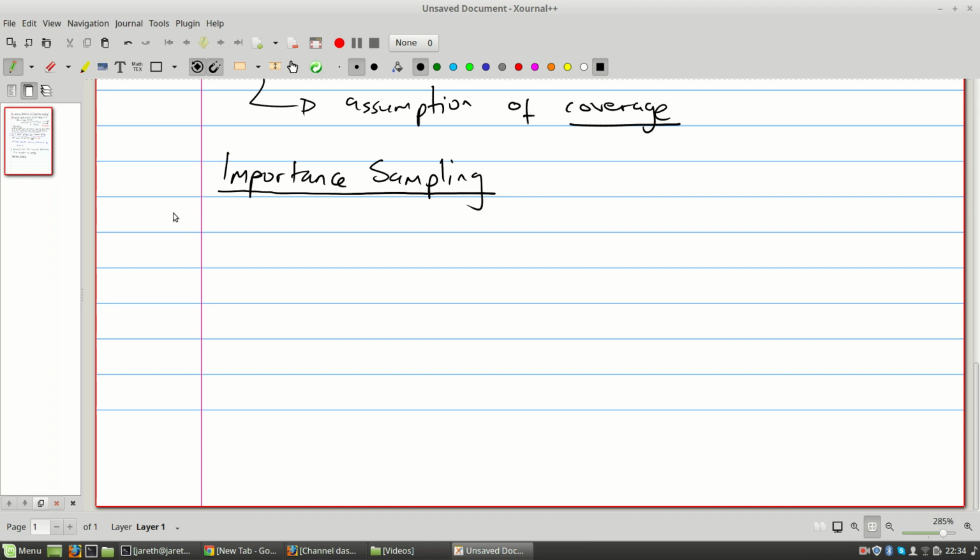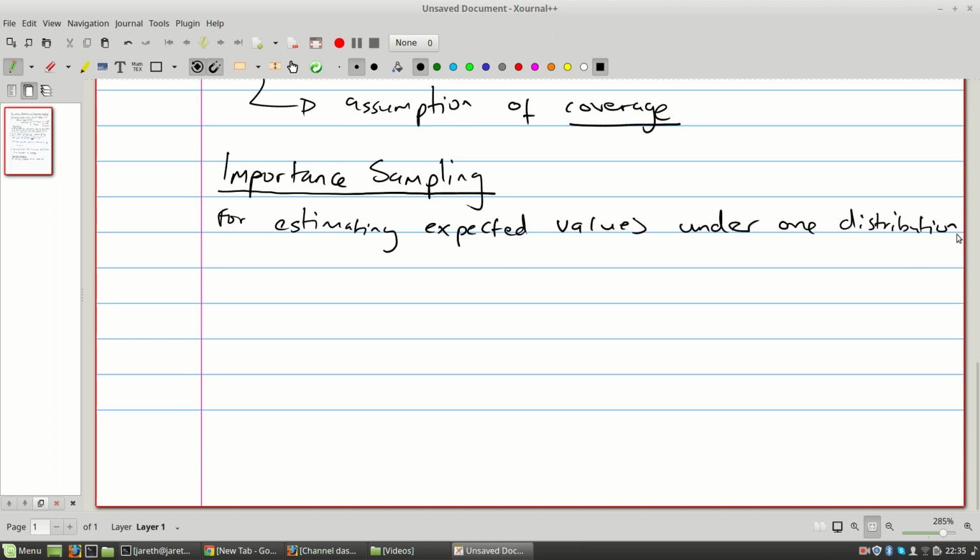This is just a technique for estimating expected values under one distribution given samples from another. Let me try to write faster.